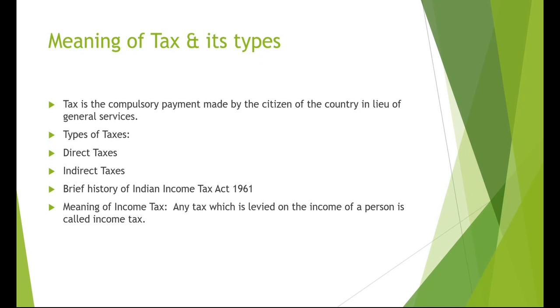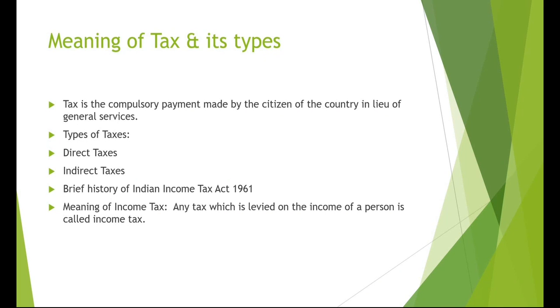And tax is the major source of revenue for the government in order to spend on public expenditure. Say for example, when we travel on the road, we need to pay the toll fee. It is also a type of tax.